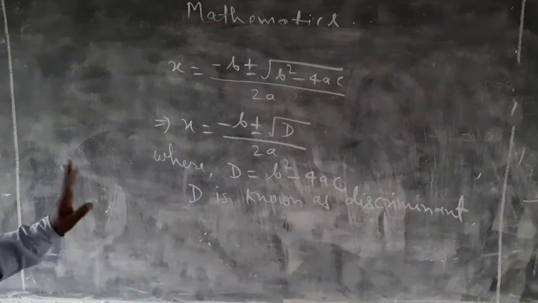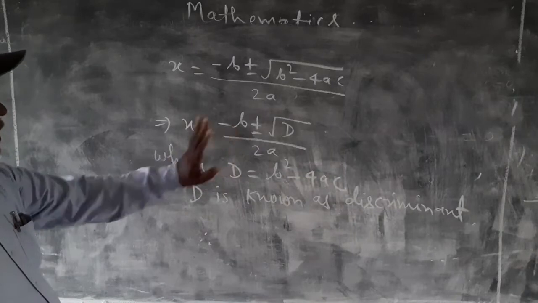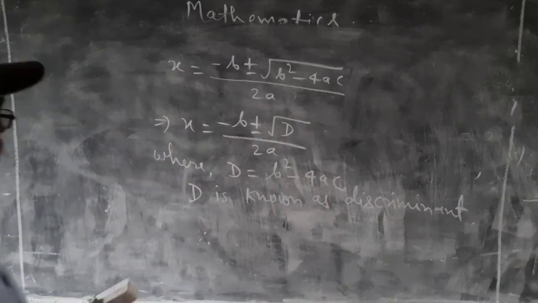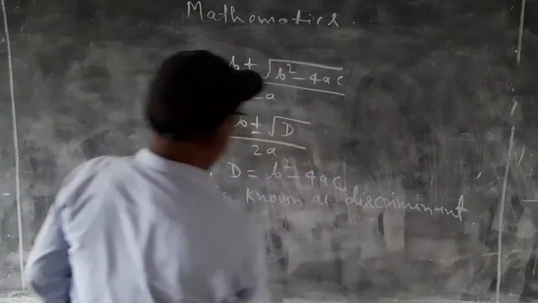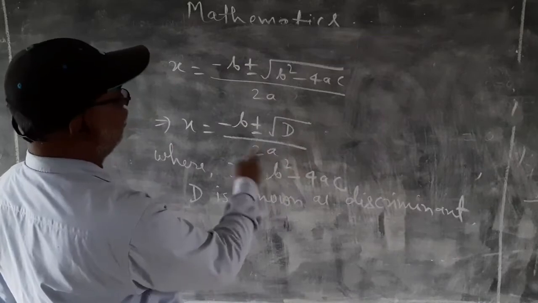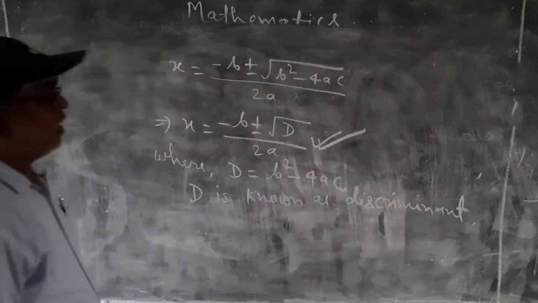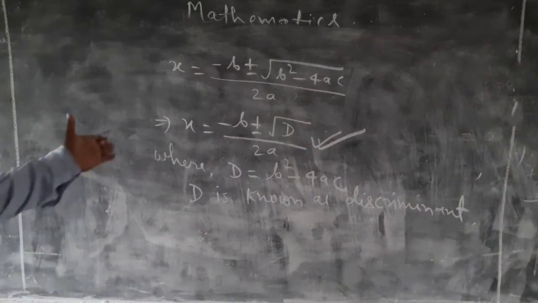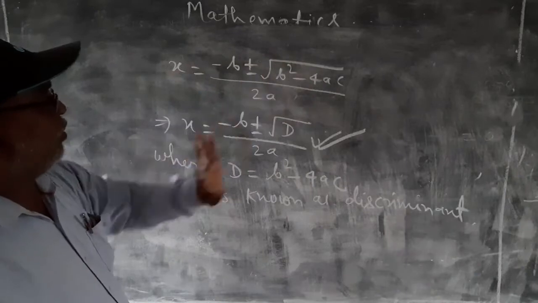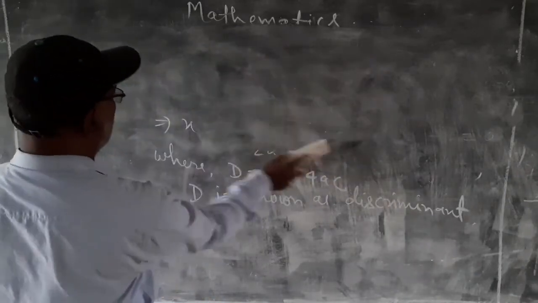If you calculate the discriminant, then you can directly put the value of d in the formula to obtain the roots of the equation. Or if you don't obtain the value of d, then you can apply the formula directly to obtain the roots of the equation.